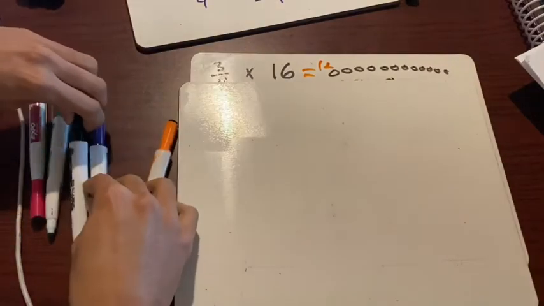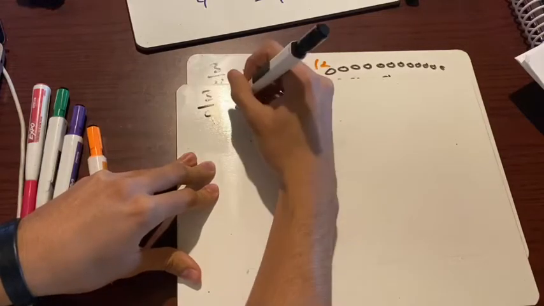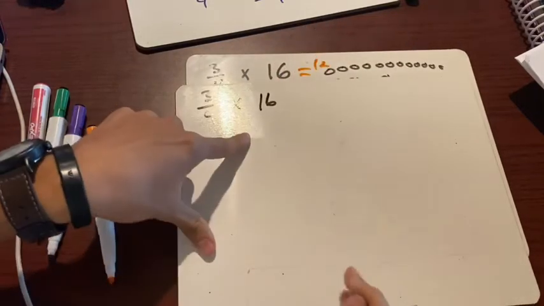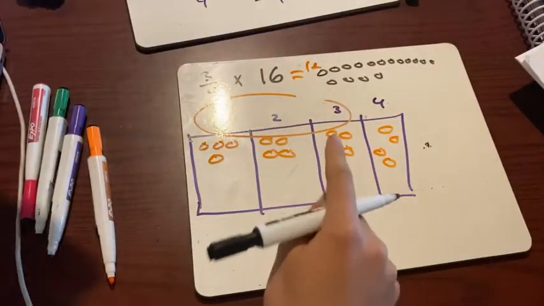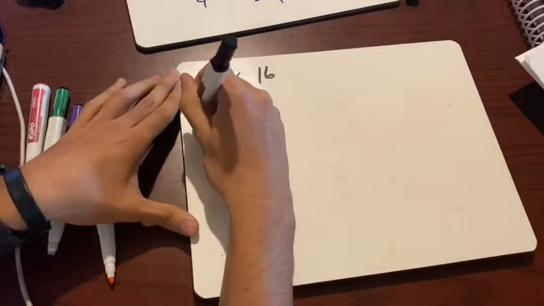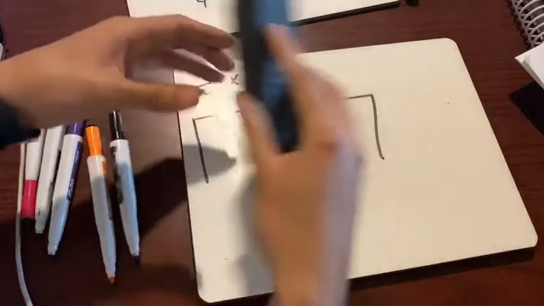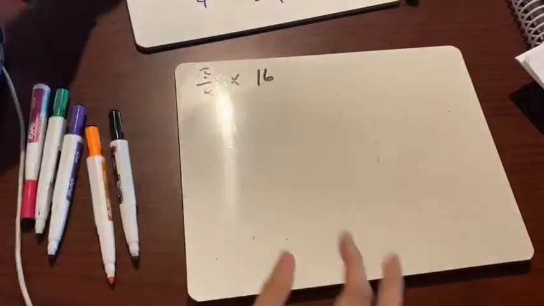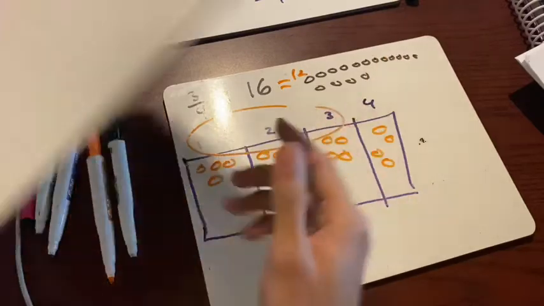So what I'm going to do is try to solve this question that we did in our warm-up, but instead of using the drawing with the circles, I'm going to do it with a regular standard algorithm. I am dividing my 16 pieces of candy into 4 rows.